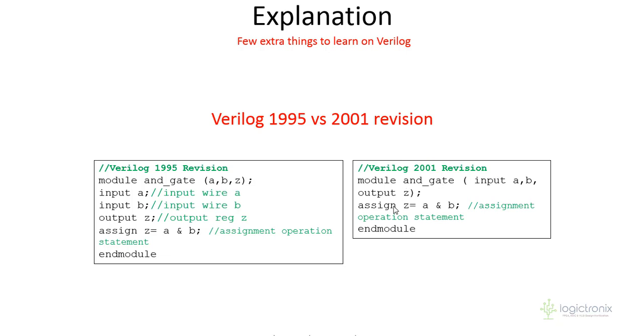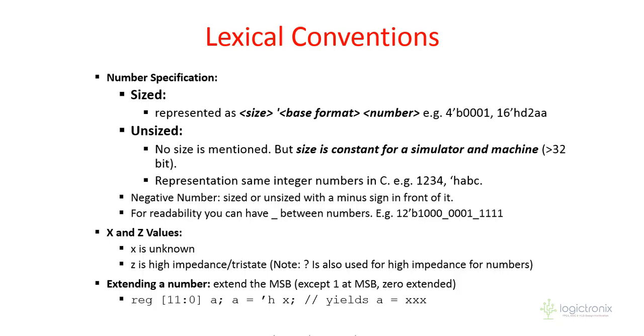After that we have assign. Assign is the same in both 95 and 2001, and end module is also the same. Just the ports orientation definition section is different in 95 and 2001. So these are the basics. Another thing we need to know about Verilog is sized and unsized number specification.